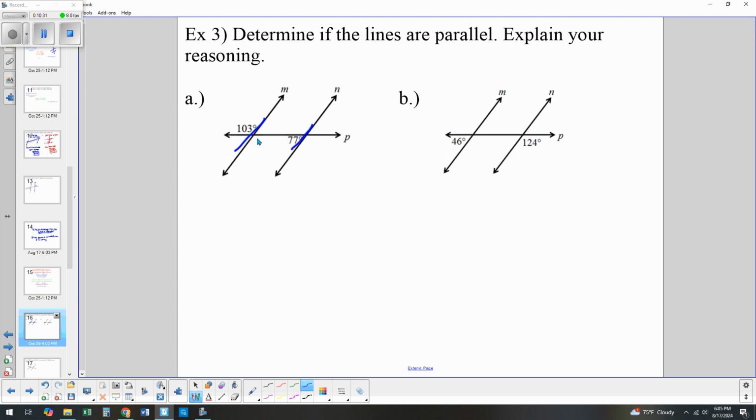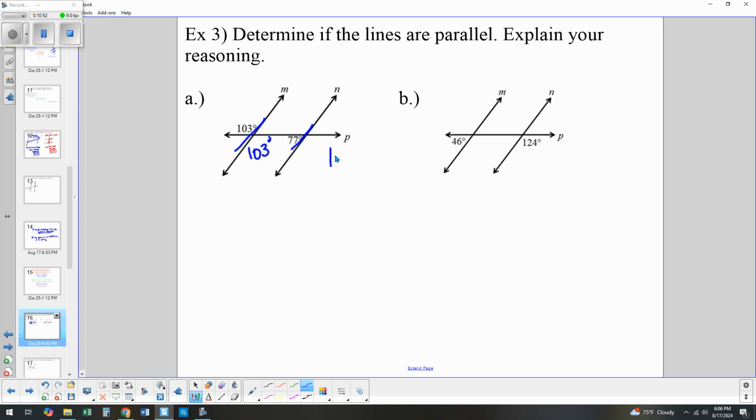And let's say that I use the vertical angle theorem to say that this angle here is also 103 degrees. Now the two angles I'm using are both inside, and they're on the same side of the transversal. So we're looking at a pair of consecutive interior angles. And in order for the lines to be parallel, those angles would have to be supplementary.